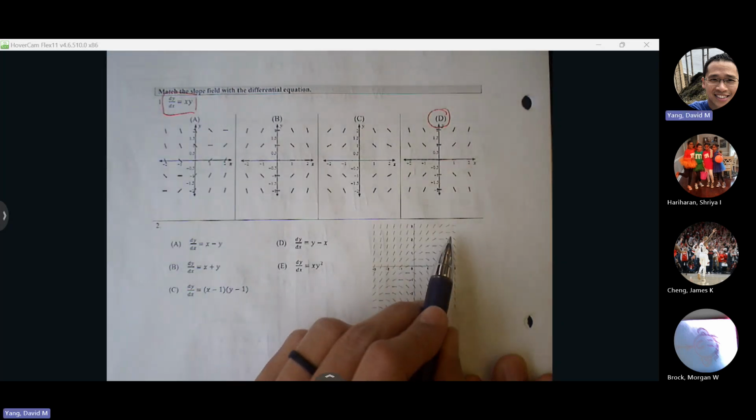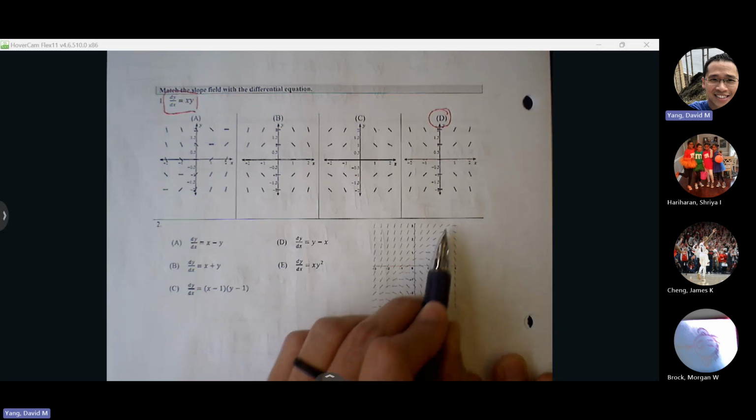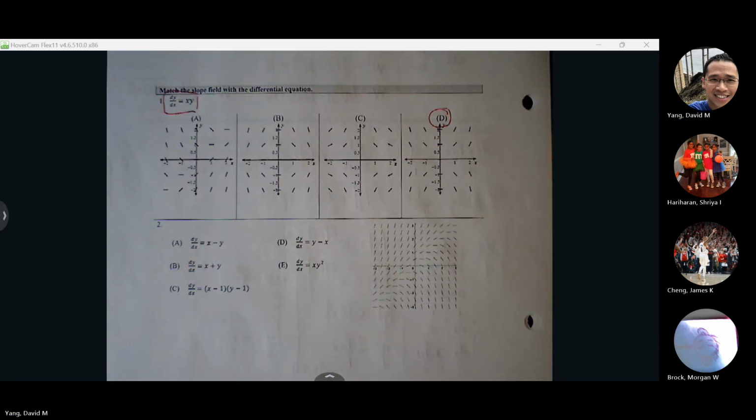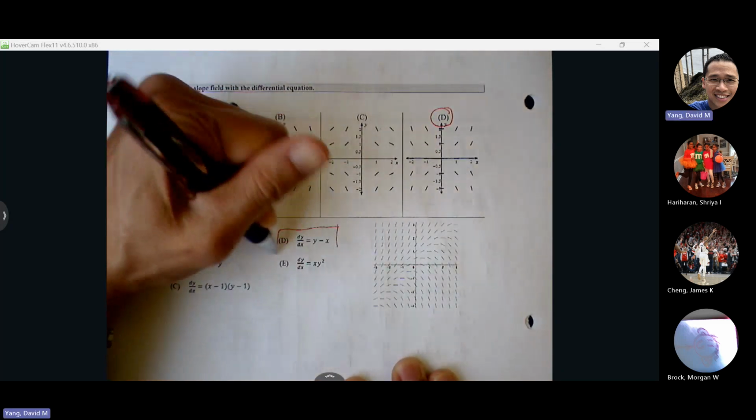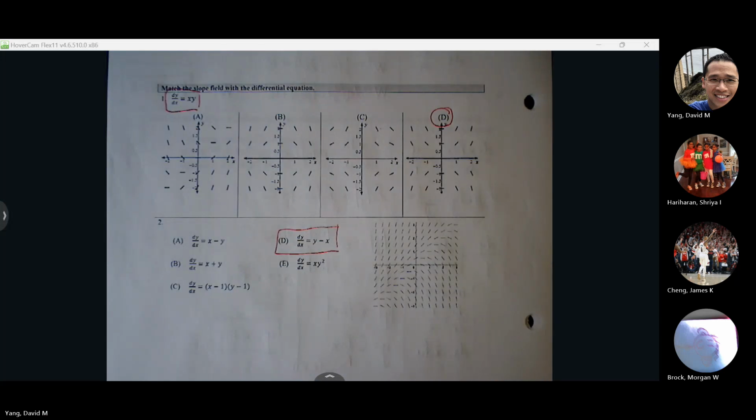And here we can look for zero slopes and slope ones. You may have to plug in specific ordered pairs, but it should be eliminated all the way down to answer choice D here.